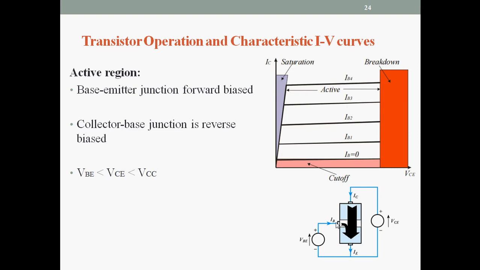The active region, the most important region, in which the transistor is in its active mode. The base emitter junction is forward biased and the collector base junction is reverse biased. Here the base emitter voltage VBE is less than the collector to emitter voltage VCE, which is less than the VCC voltage.